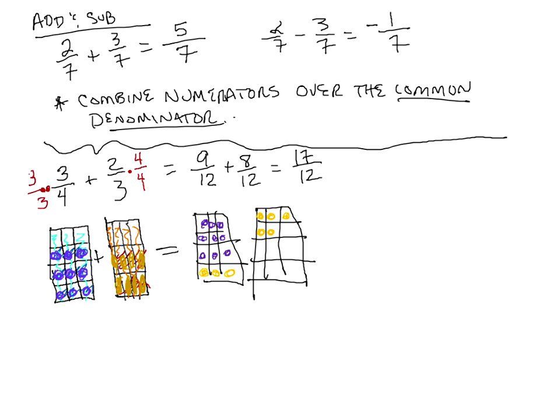I could change this to a mixed number and say 1 and 5/12. Not really a useful form to have it in here. I'd much rather you leave it as an improper fraction. Or I can just count up my pieces that I have: 1, 2, 3, up to 17 twelfths.